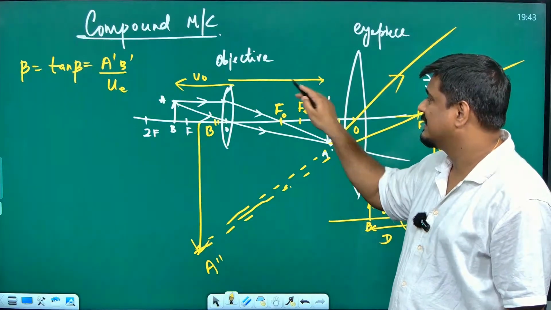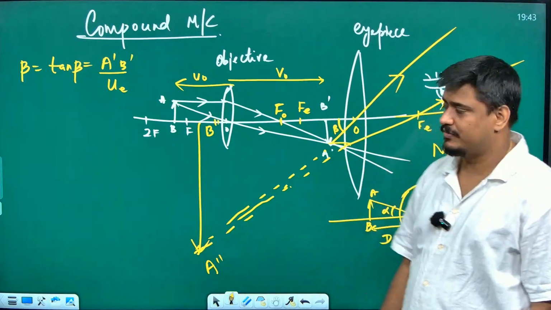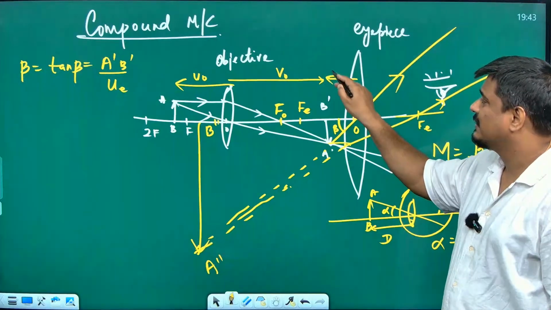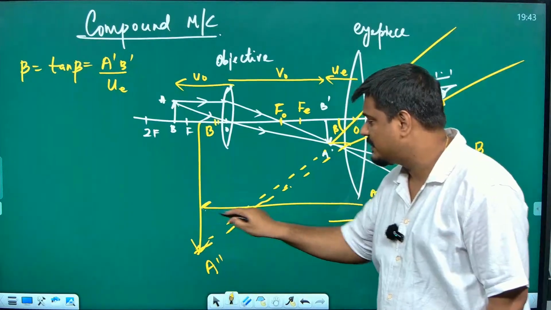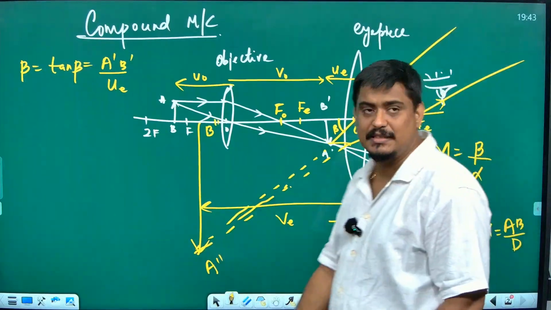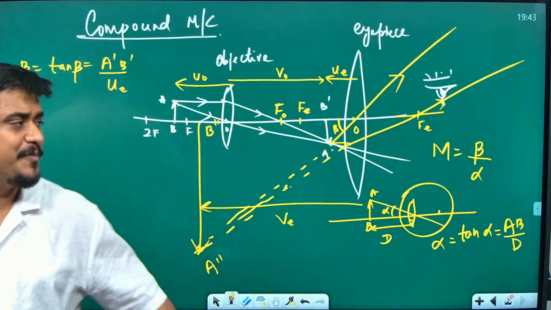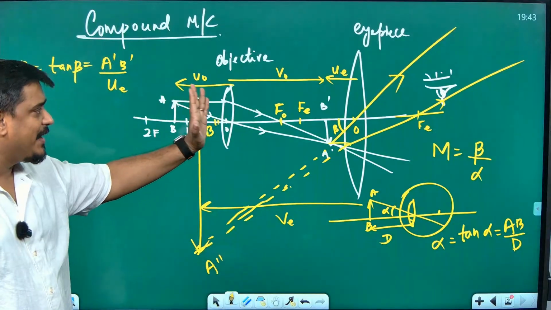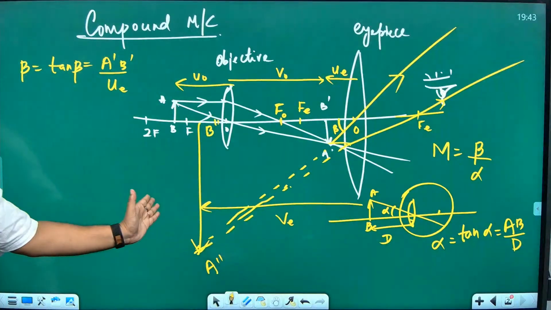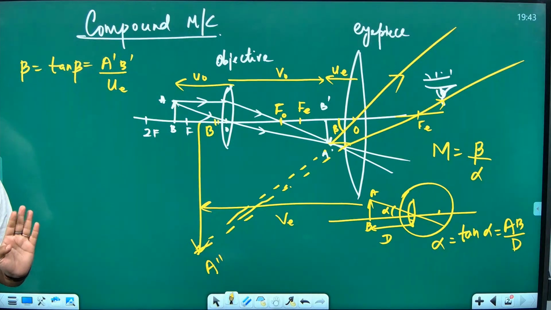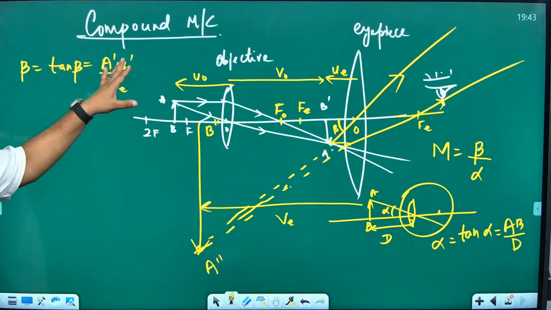This is V of objective. This is U of eyepiece, and this finally is V of eyepiece. Is it clear to you? Object distance for objective, image distance for objective, object distance for eyepiece, image distance for eyepiece. Clear to you? I got my value as A dash B dash by UE.